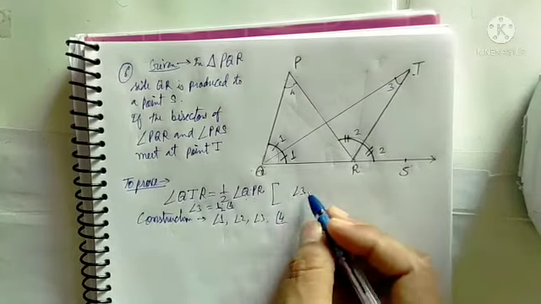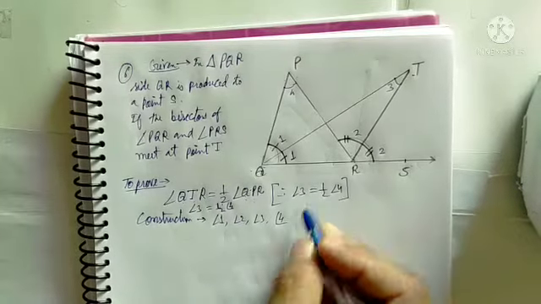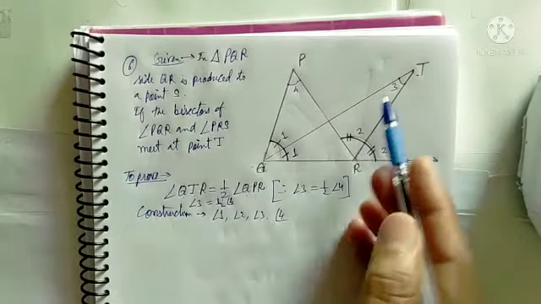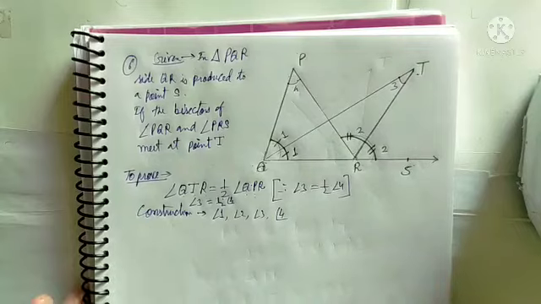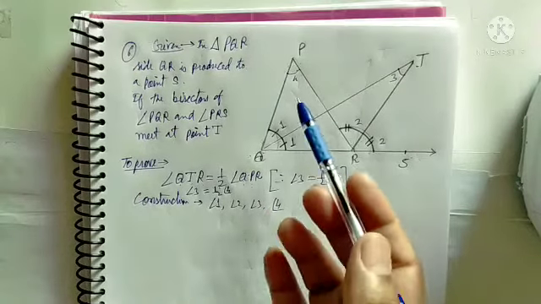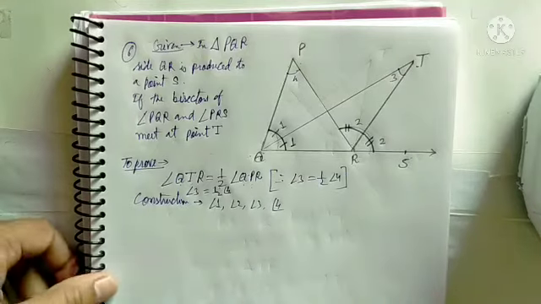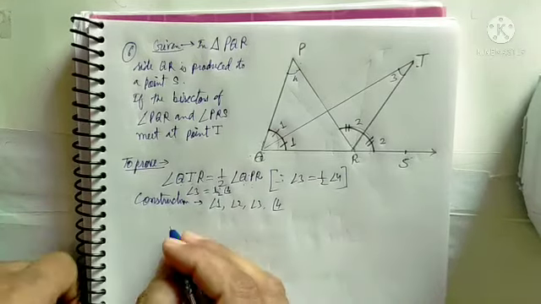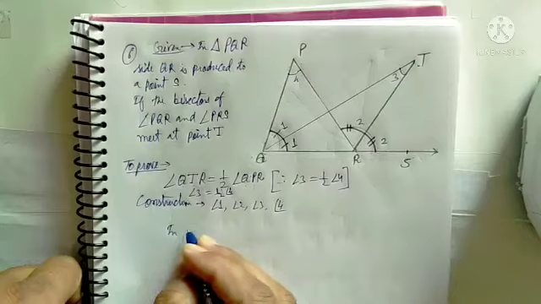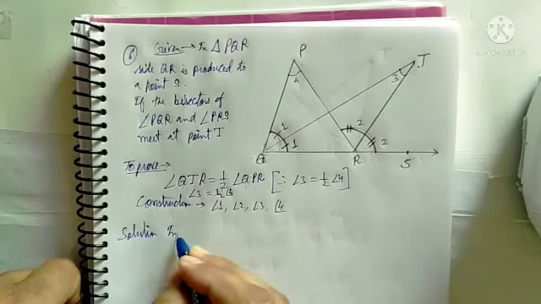Therefore, we have to prove angle 3 is equal to half of angle 4, according to the construction. First of all, students, I suggest you use only the exterior angle theorem in this question, and the question will come easily. So how? See, in triangle the solution will start.